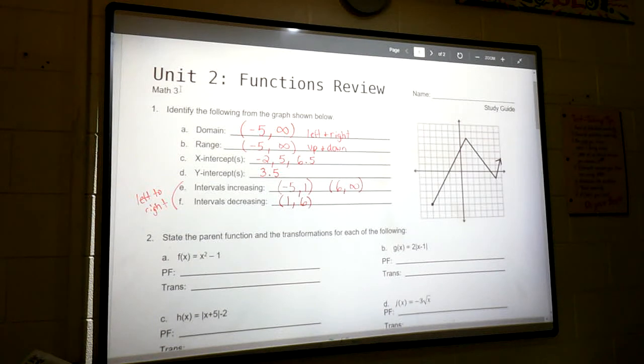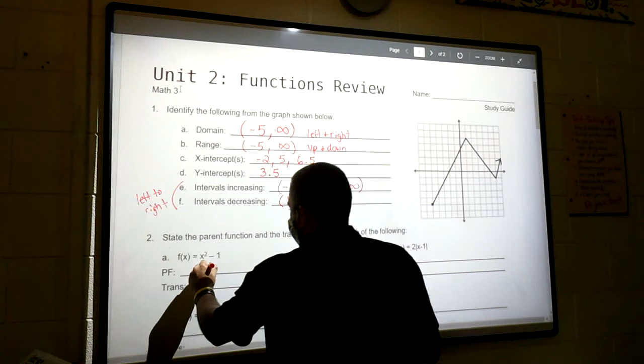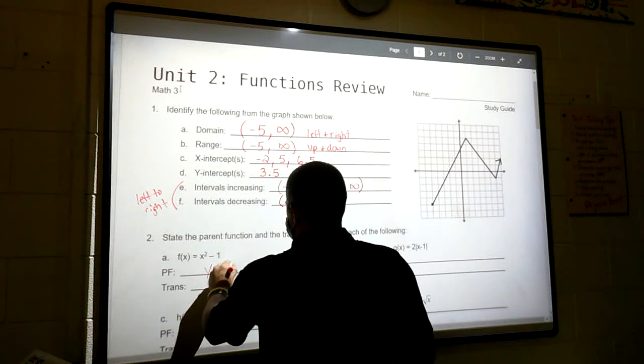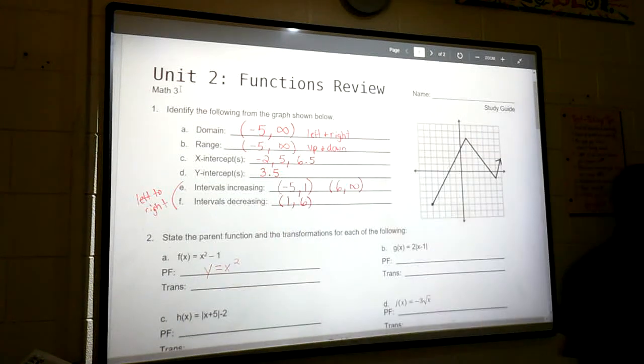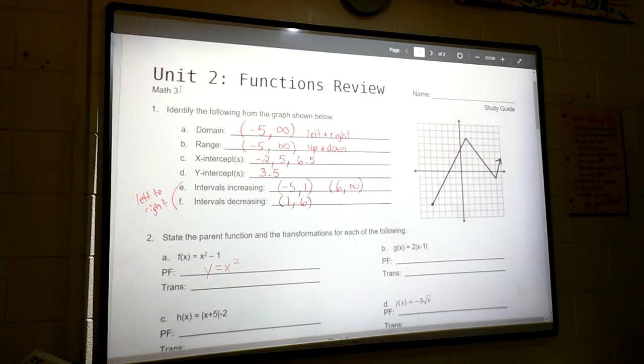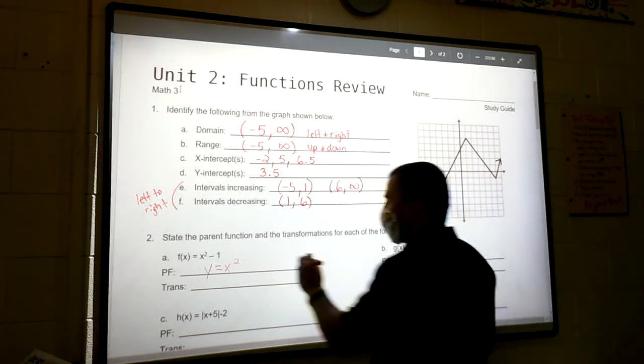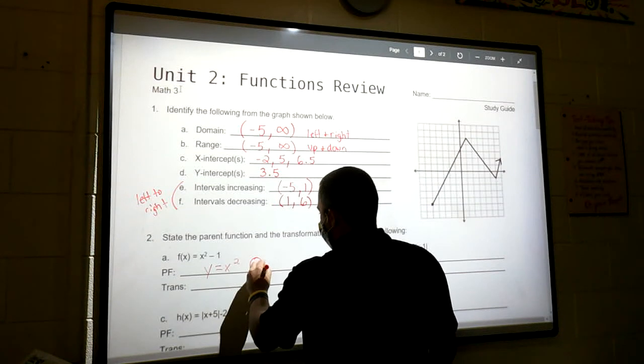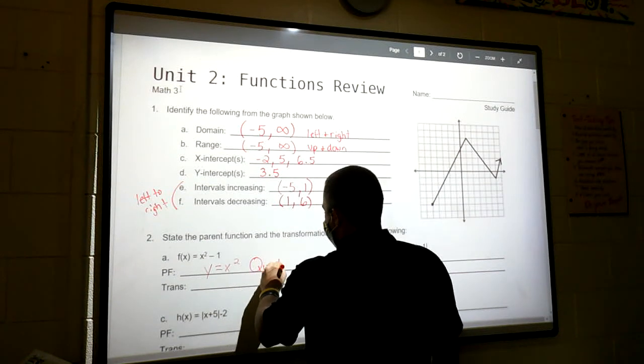Parent functions are just the original function. So if I just write y equals x squared, what type of function is that? Quadratic. That's a quadratic. And you have a list of them, a list that has all the different ones and their graphs. So that is the parent function.